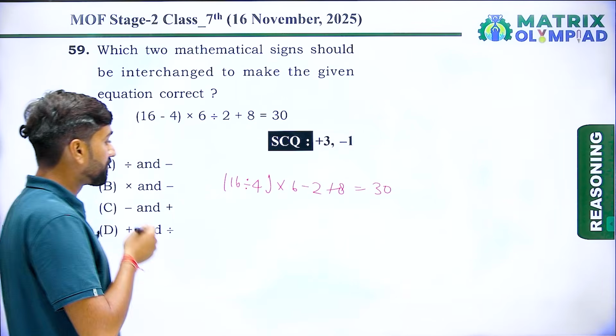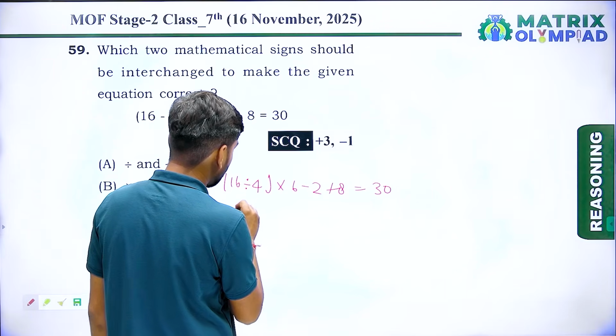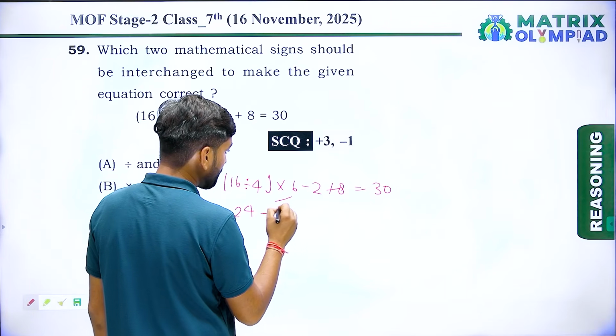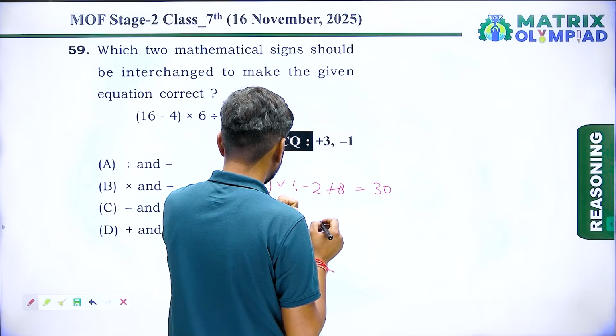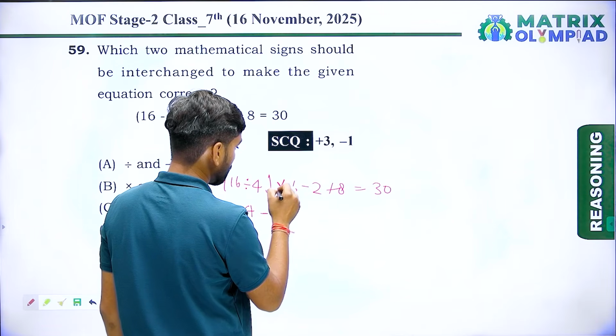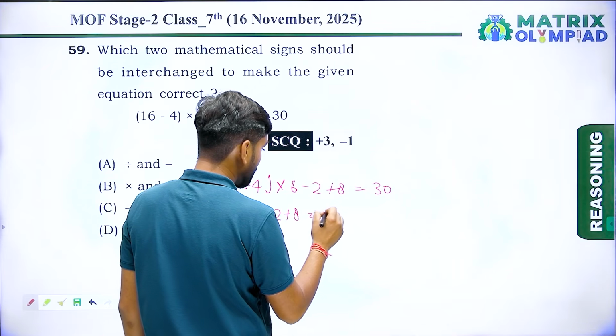Now if we solve this equation, we get 4 multiply 6, which is 24, and now minus 2 plus 8, which equals 30.